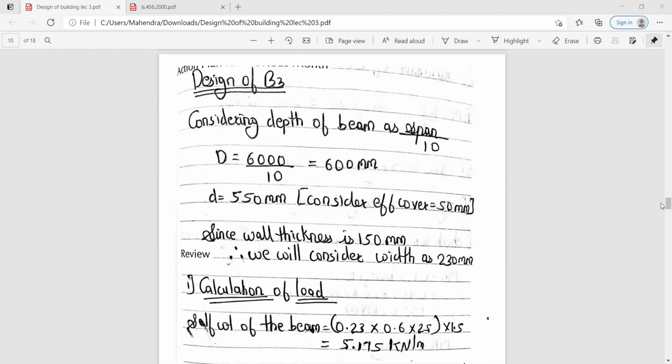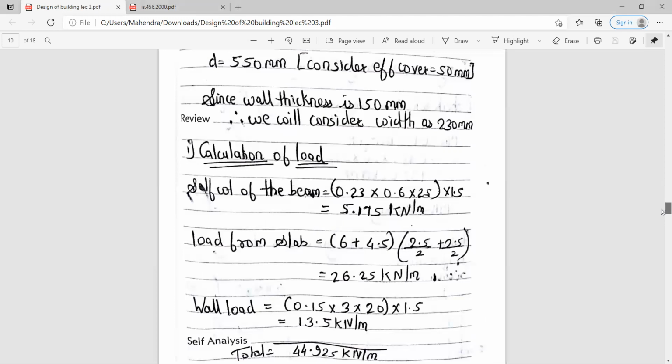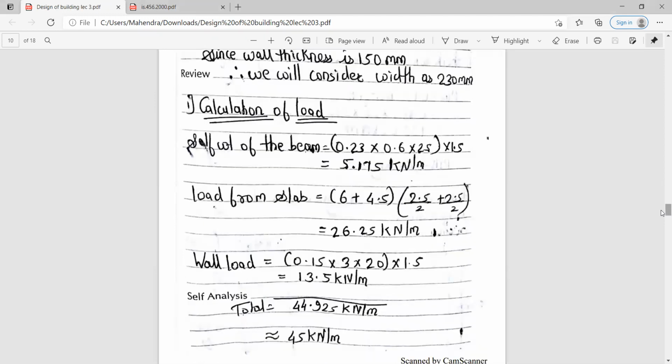Okay, so calculation of loading. Now you need to calculate the loads. The beam B3 is simply supported only.